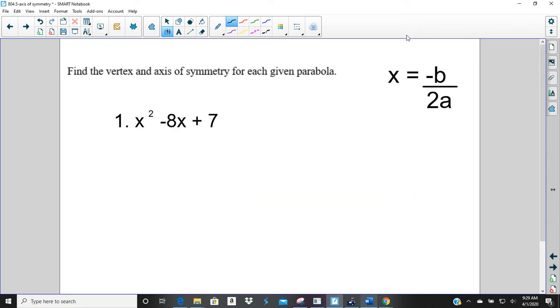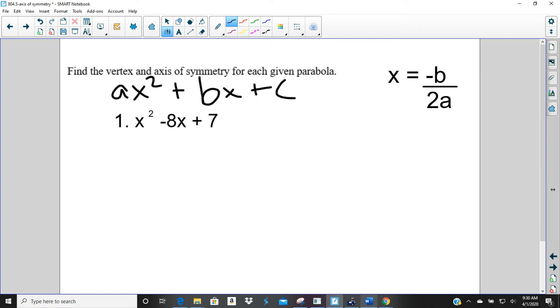Okay. So I'm being asked to find the vertex and the axis of symmetry for the given parabola. Let's start with the axis of symmetry. I wrote over here on the side the formula for the axis of symmetry, which is negative b over 2a. No matter what the b term is, it's always going to be negative that number. Now, just remember that we have ax squared plus bx plus c.